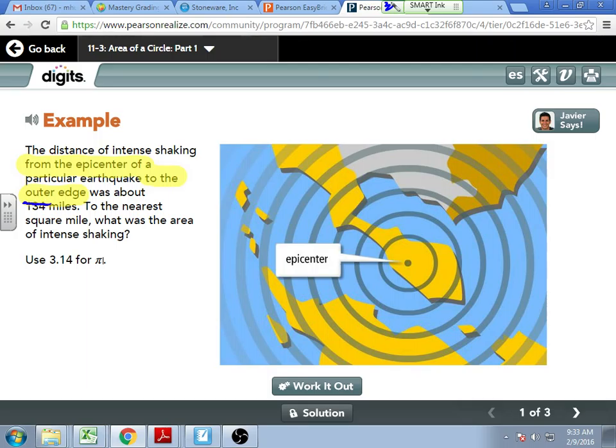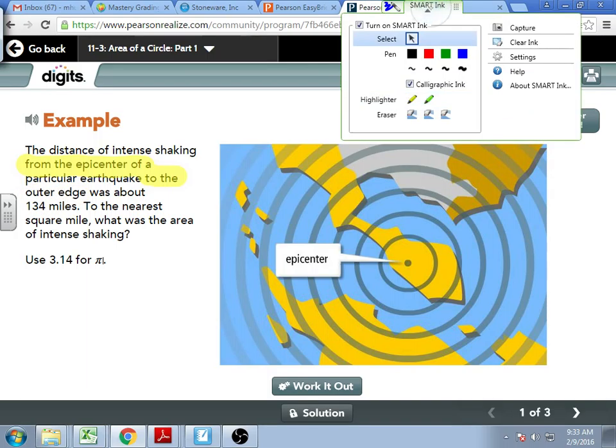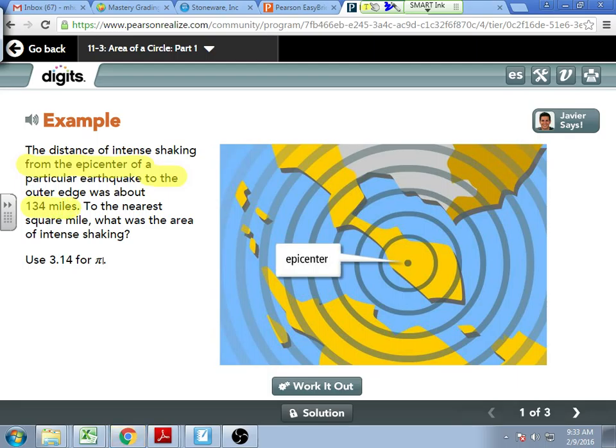That'd be the radius, is 134. What, to the nearest square mile, is the area of the most intense shaking? So they can say, if you live here, you'll experience this. If you live here, you'll experience that. Using 3.14 for pi.